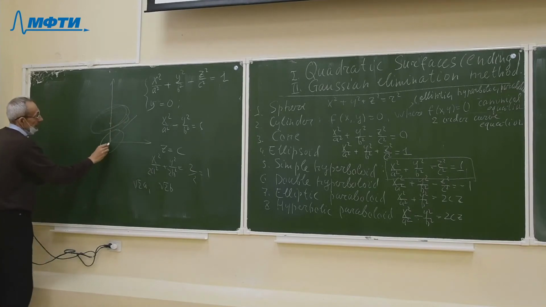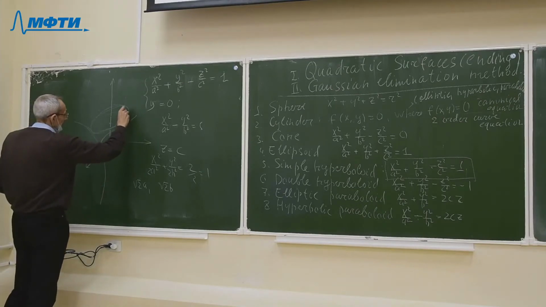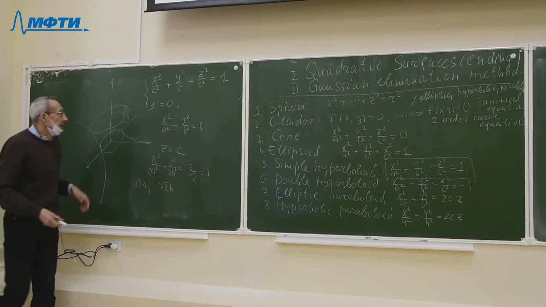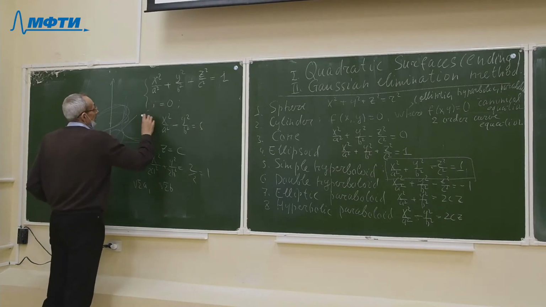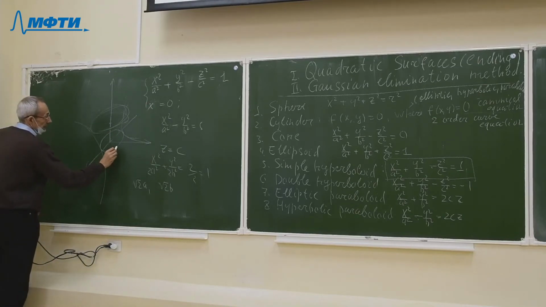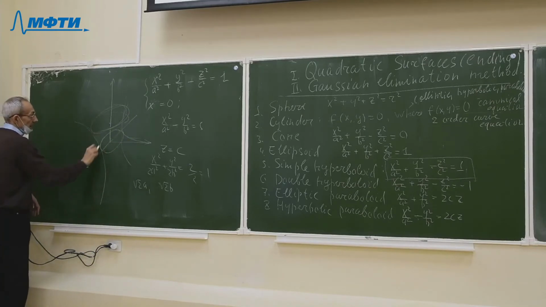In this plane, we obtain a hyperbola. And for the other section, if we put x equals 0, in this case we also obtain a hyperbola.